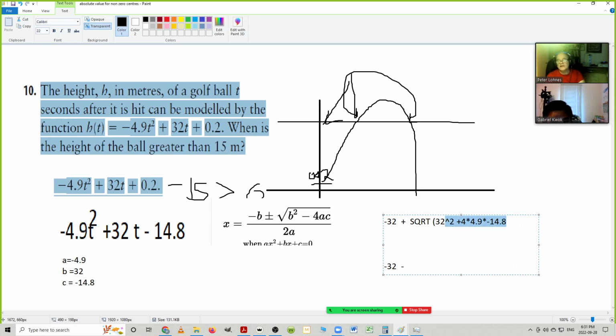Can you pull up a calculator and do it for me? 32 squared minus, it's going to be minus 4 times 4.9 times 14.8. 32 squared minus that. Hang on.